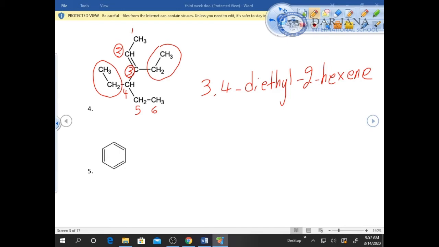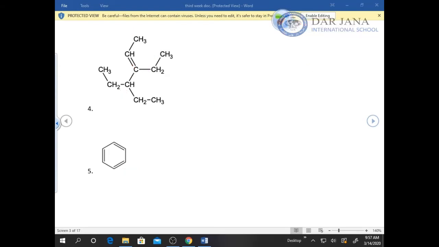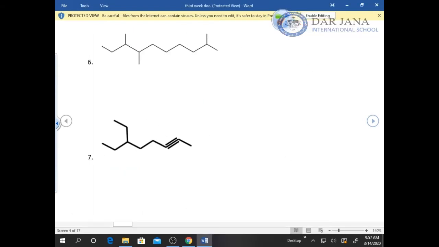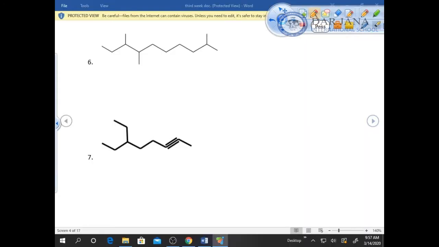Number 5, this molecule is called benzene. Moving to molecule number 6. This is a branched chain alkane, so I will start numbering from this carbon. 1, 2, 3.